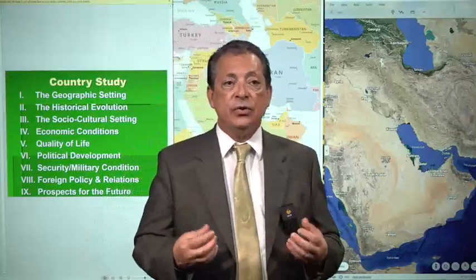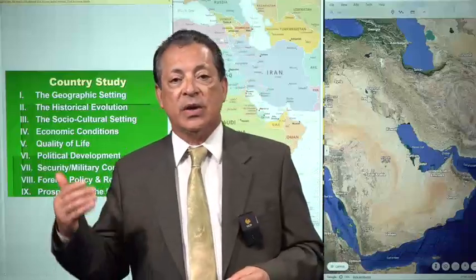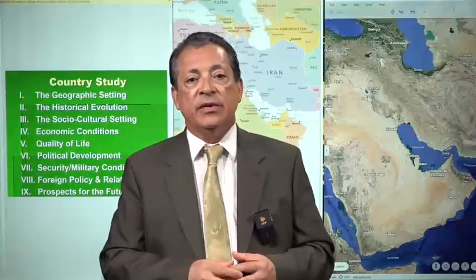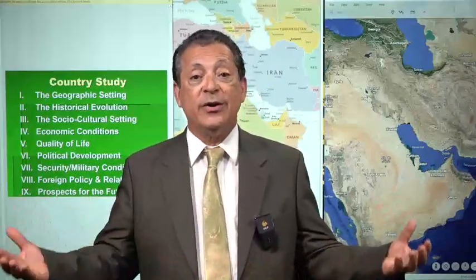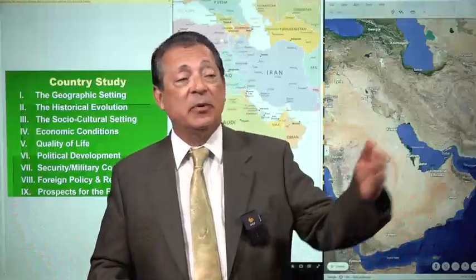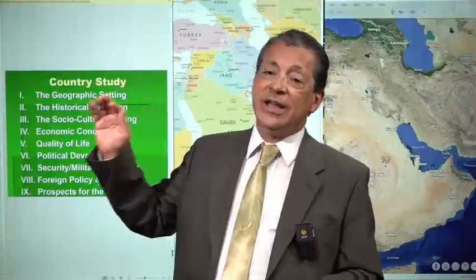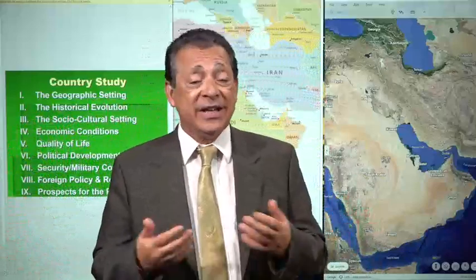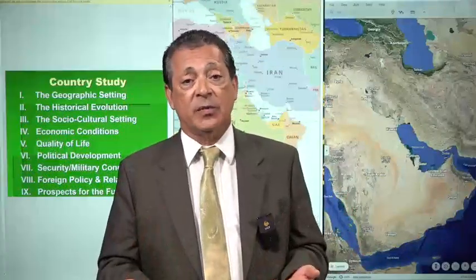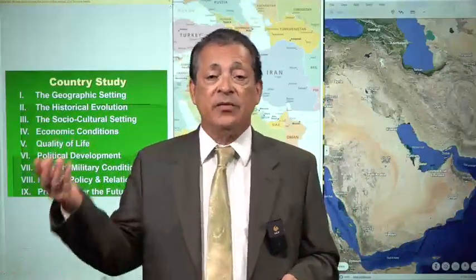Now, as we talked about at the beginning of the semester, we divide this whole large area called the Middle East, which some people consider as far west as Morocco and as far east as Afghanistan. Technically, Afghanistan is not a part of the Middle East; it is a part of Central Asia.